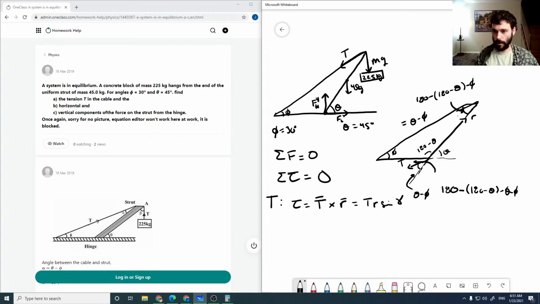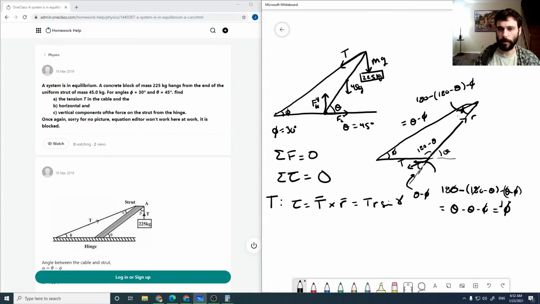Okay, so then this equals, so these 180s are going to cancel, theta minus phi, which equals minus theta minus phi, so phi plus phi. Makes sense. So this angle in here is just phi.